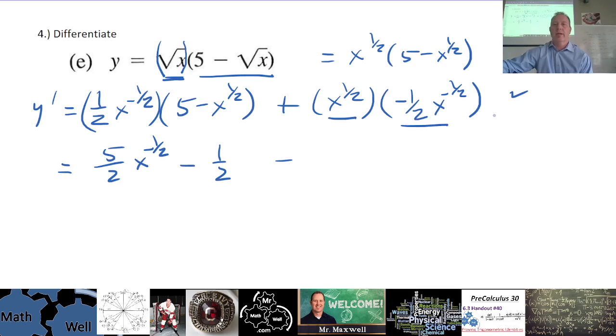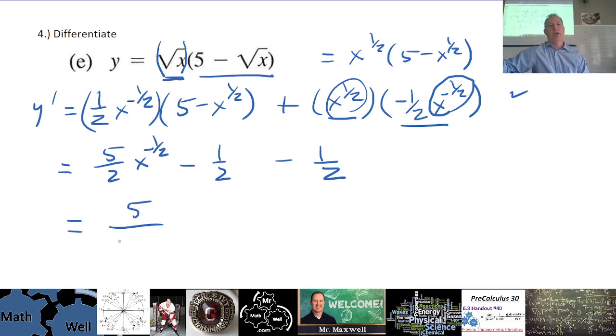So we've got minus 1/2, and what's x to the 1/2 times x to the negative 1/2? That's just 1. So we're kind of getting there. We've got 5 over 2 root x minus 1.